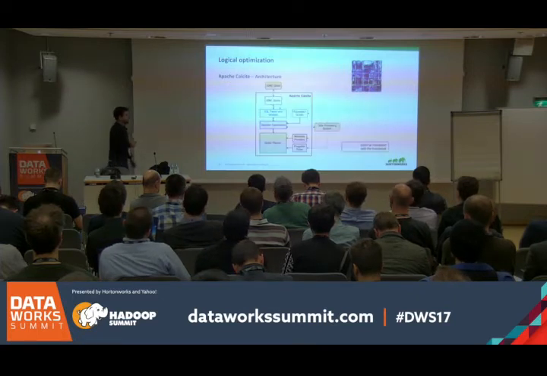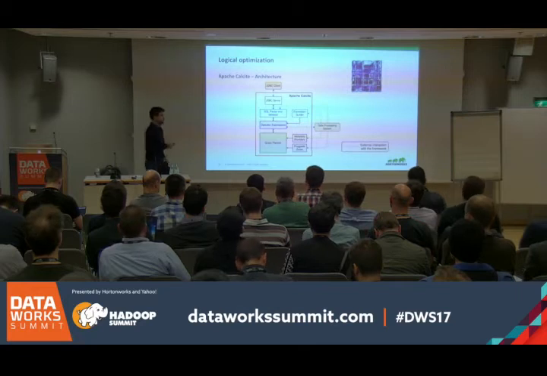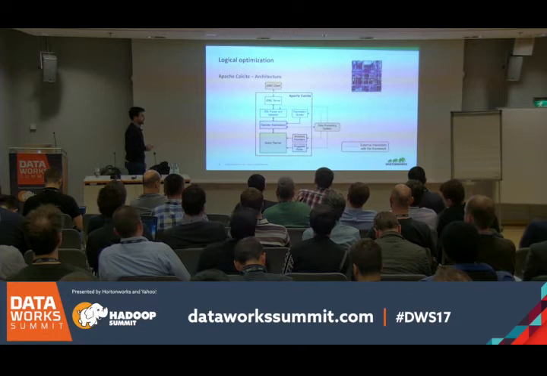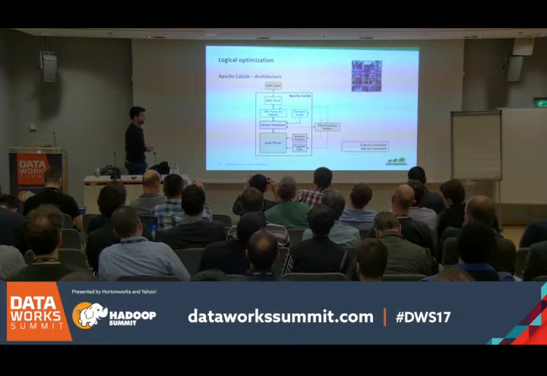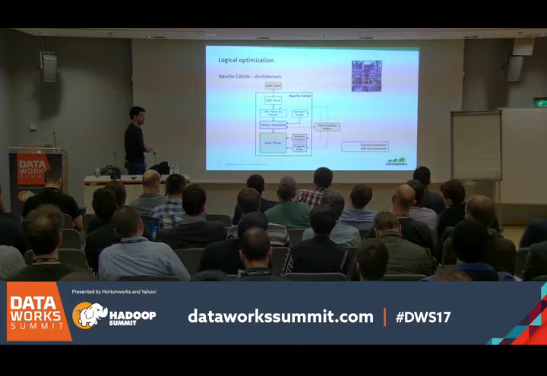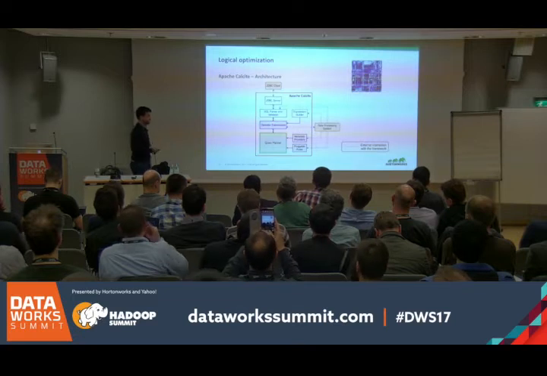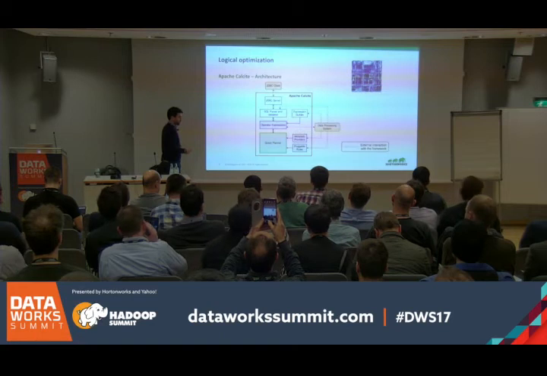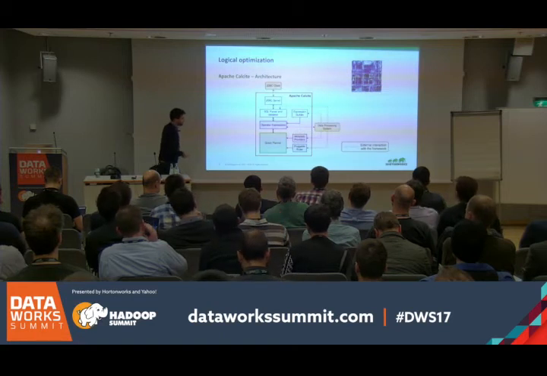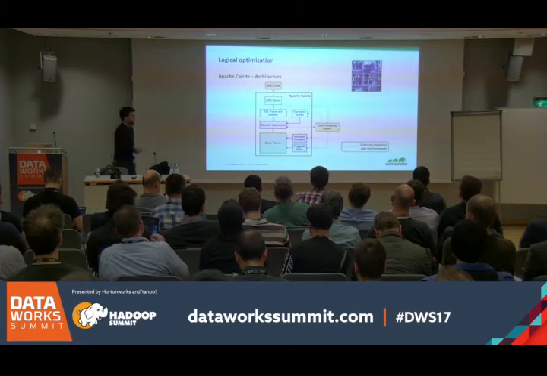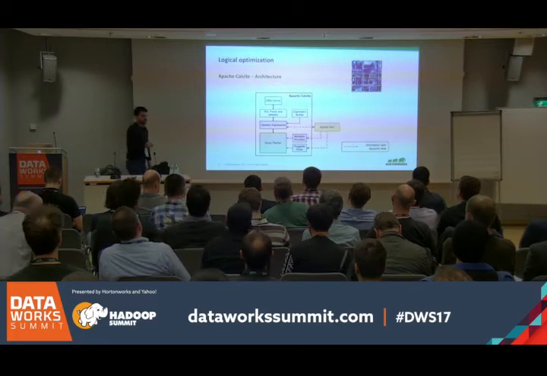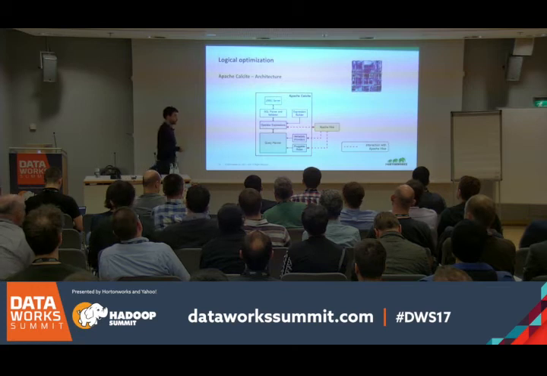Now, this is what the architecture of Calcite looks like. You have multiple entry points. You can interact with the JDBC server. You could also use the expression builder that will help you create your operator expressions faster. You can also provide your own statistics for the metadata providers, and your own rules. In Hive in particular, we interact with the system at the lowest possible layer. So we create operator expressions ourselves from Hive.